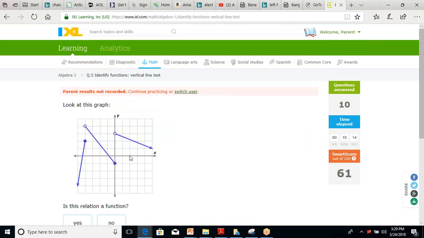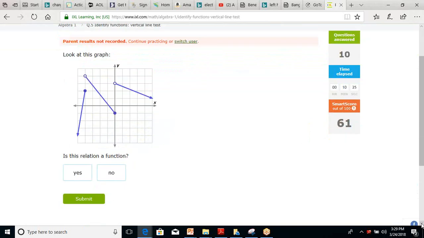And for this x value of 0, this is actually greater than 0, and this is exactly 0. So each x value has one y value, right? So this is a function.